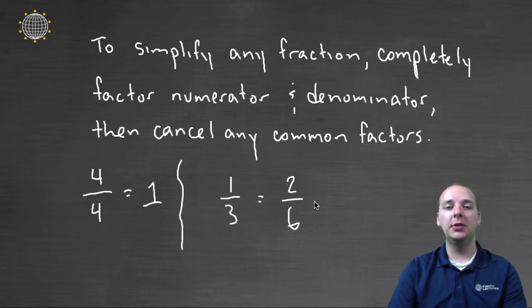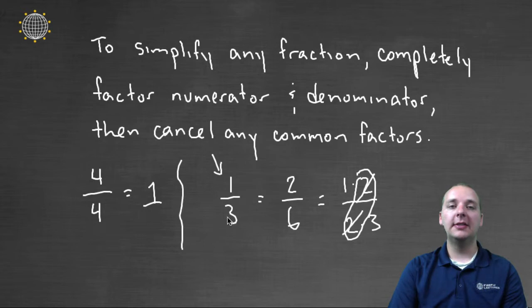It's the same ratio. And the way we can see this algebraically is if you factor 2 as 1 times 2, and you factor 6 as 2 times 3, and you cancel any common factors, in this case the 2, you're left with 1/3. And so this is how we simplify fractions that are not already simplified.